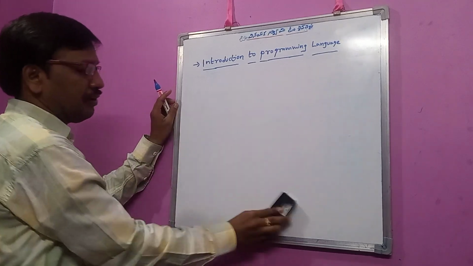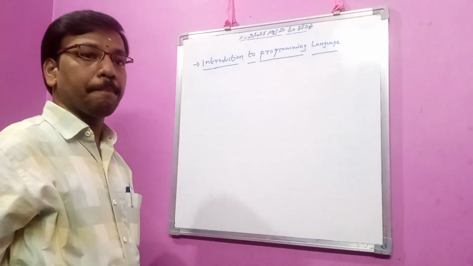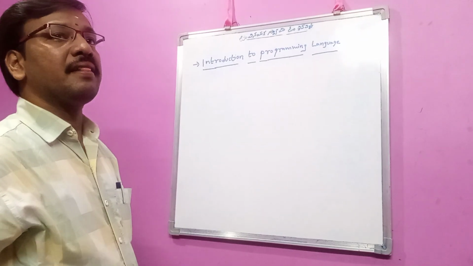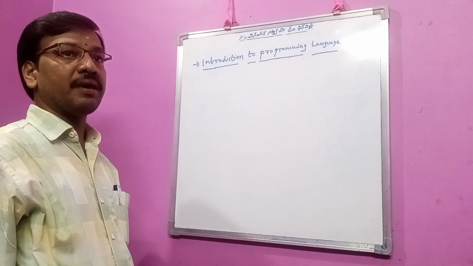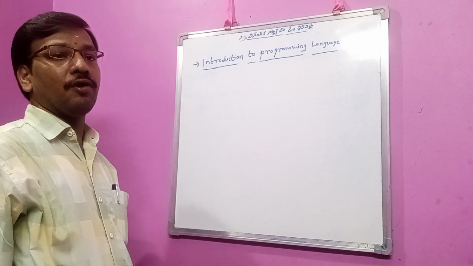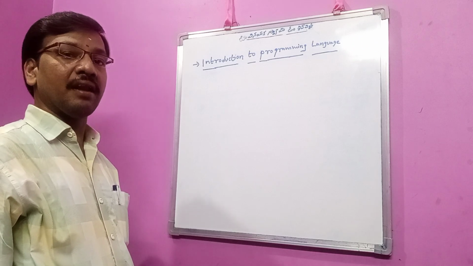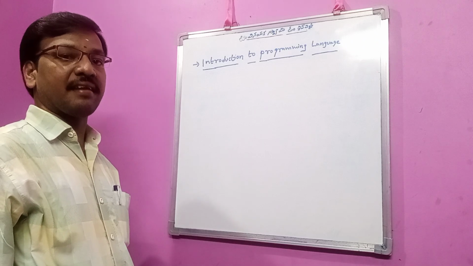Now we have finished language. What is language? Define a language. Types of languages: natural language, programming language. Programming languages are of 3 types: low level language, middle level language, high level language. Next, language translators.